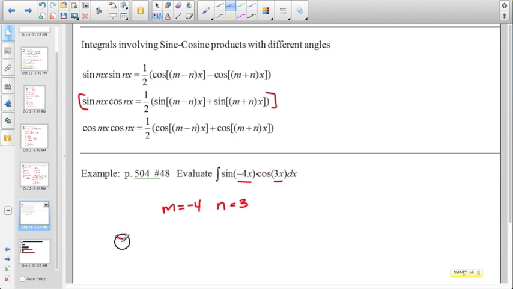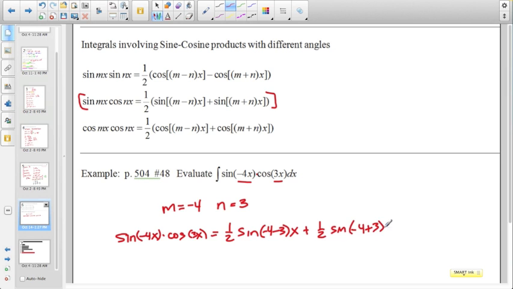So sine of minus 4x times the cosine of 3x ends up being 1/2 sine of m minus n, so that's going to be minus 4 minus 3x, plus 1/2 sine of m plus n, so minus 4 plus 3x.